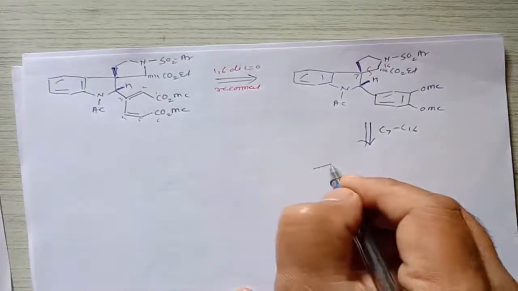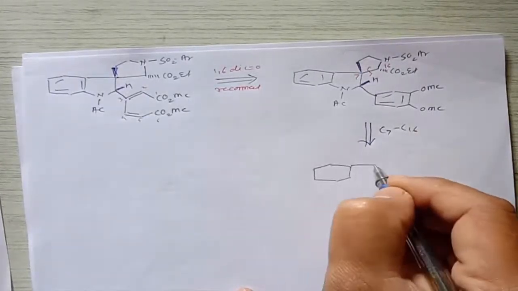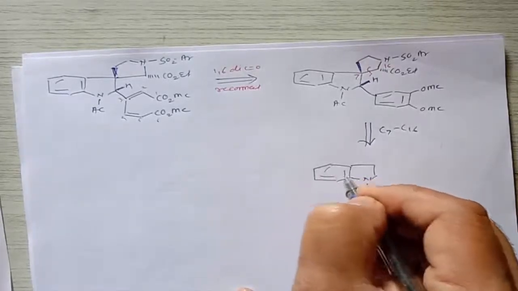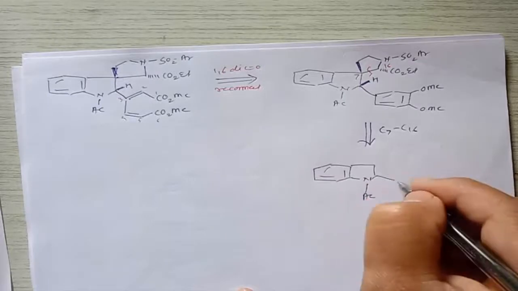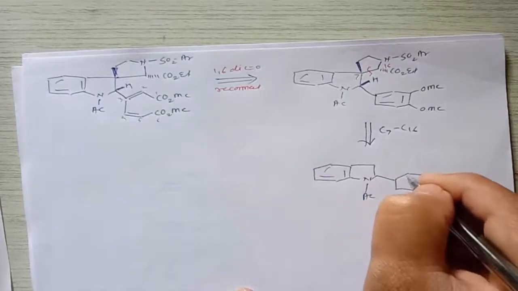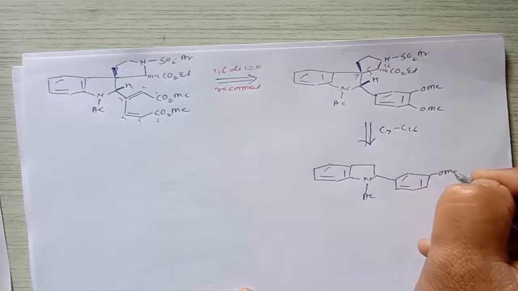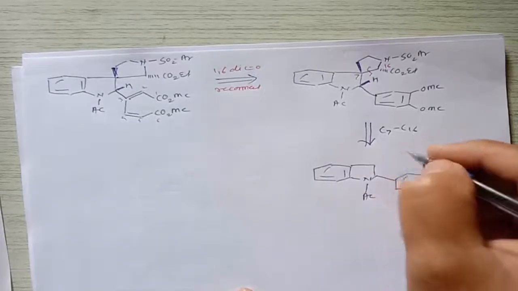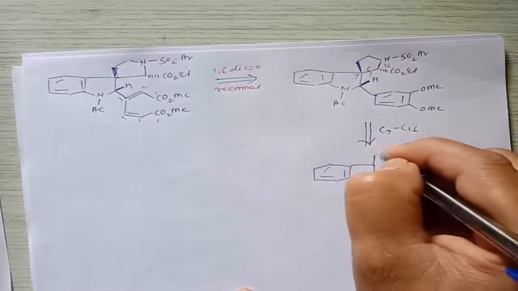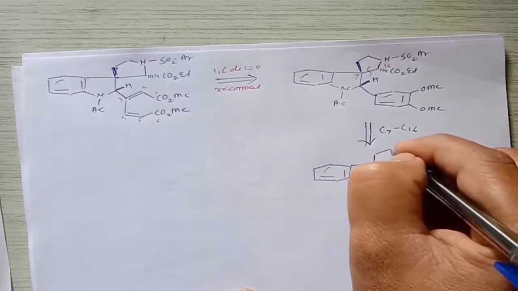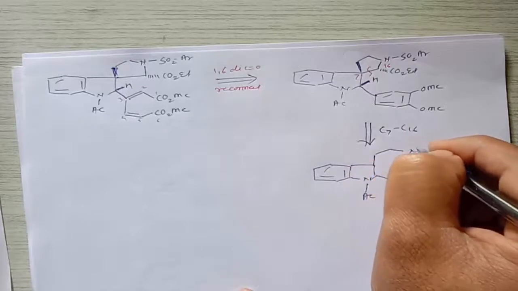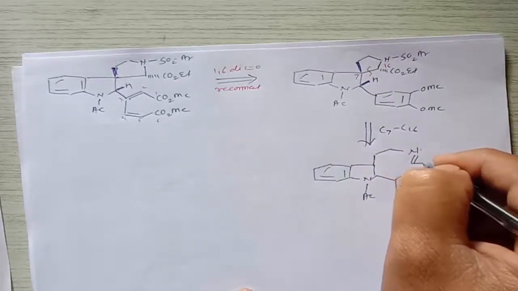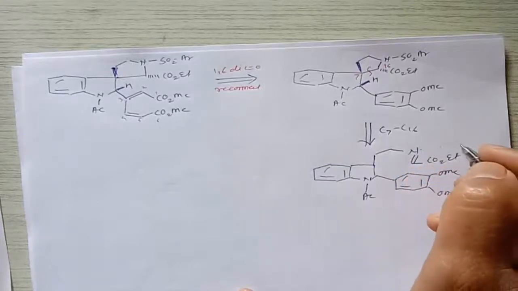The remaining molecule will be the same, the functionalities will be the same. So this is an aromatic ring containing OMe and OMe again the same, and then here we get this CH2, then N double bond, and then CO2Et, right?